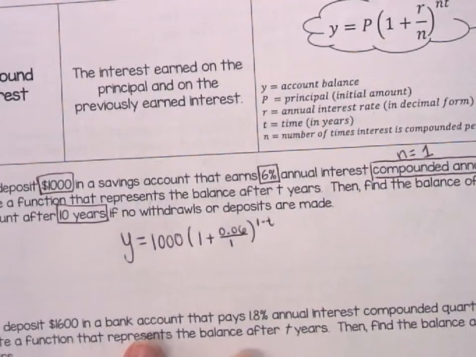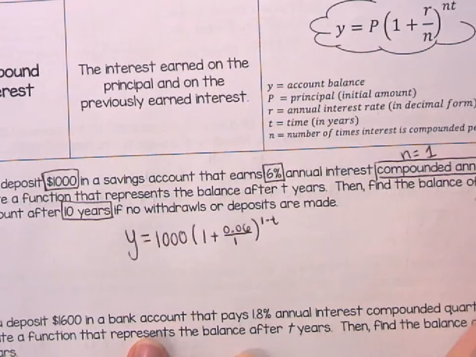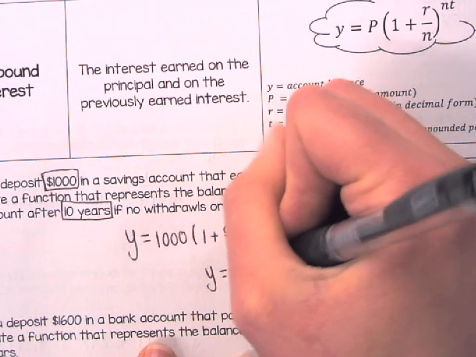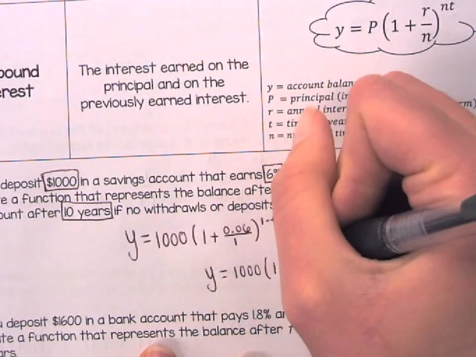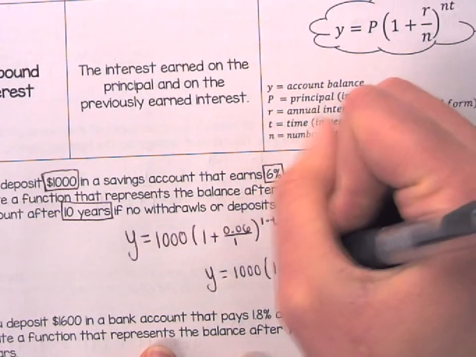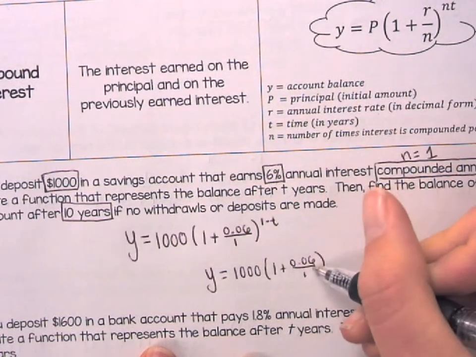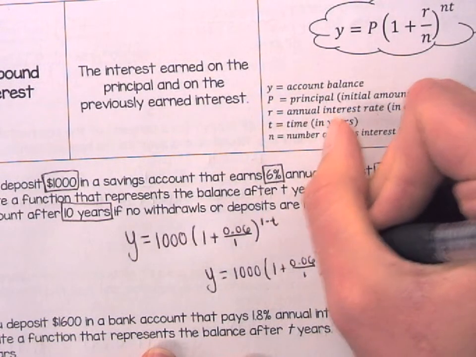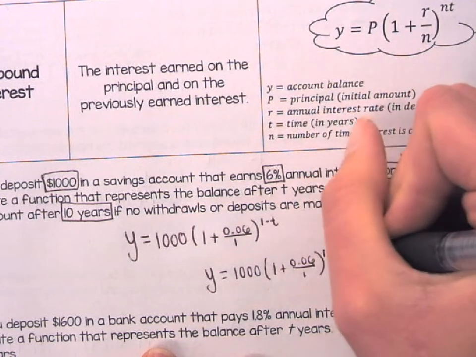They want to know how much money is in the account after 10 years. So now we're just going to plug in 10 for t. So we have our 1,000, 1 plus 0.06 over 1, which would really just be 0.06. And then 1 times t, or 1 times 10, which gives us 10 up here.